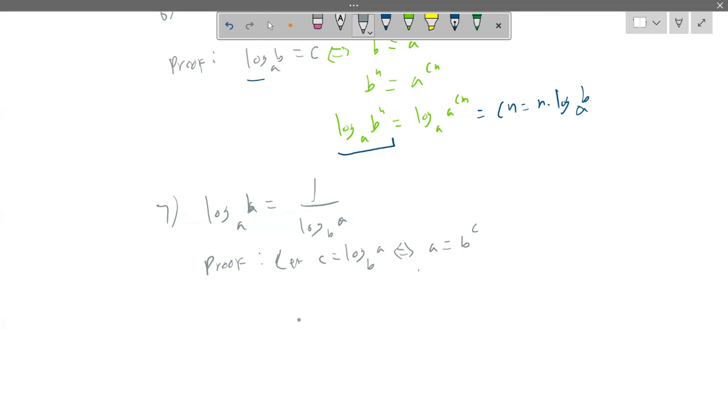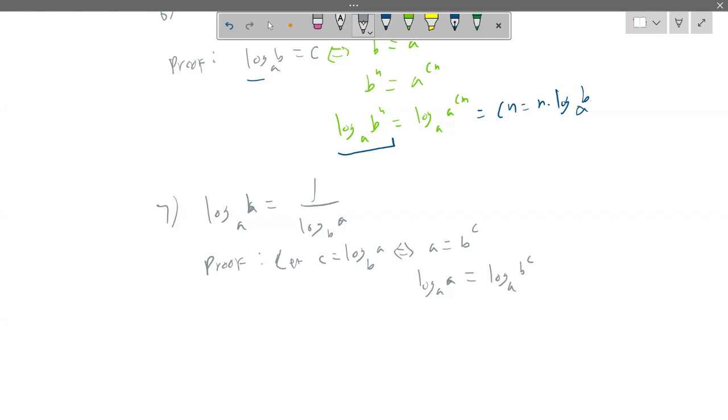You take both sides. You take the logarithm of both sides with base a. So like that. Log of a, b to the power of c. Right, so sorry for a little bit of hesitation. I was searching for my notes.